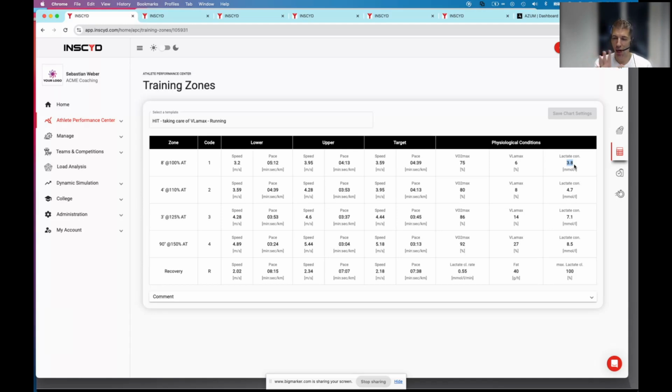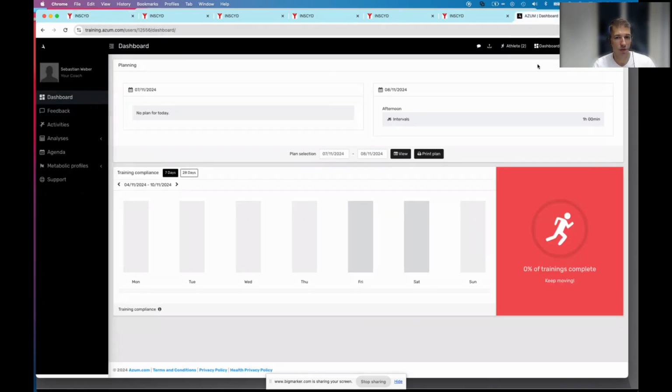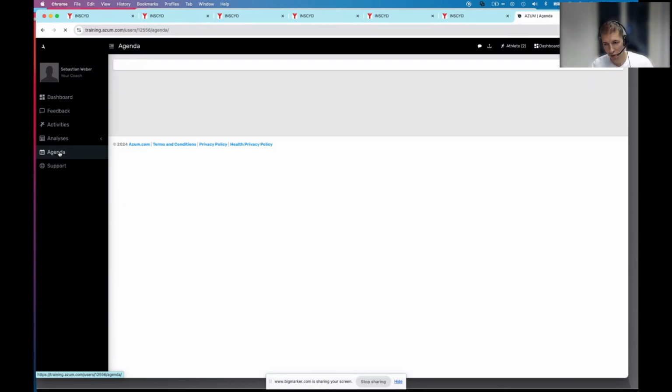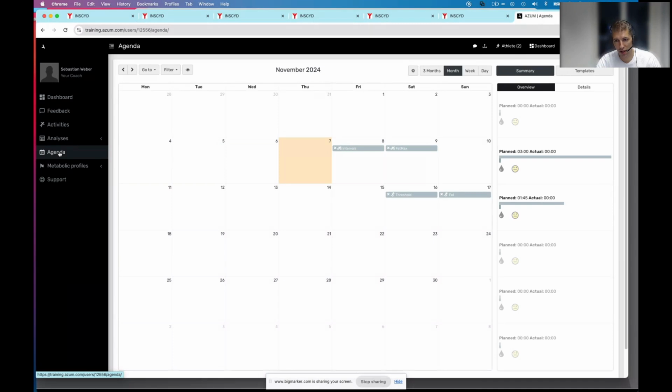Okay, so how do we put this together and maybe even take it a step further into a training program? With that, I'm switching to the Zoom platform, where I started the dashboard and I already created some examples here in the agenda. And with that, I'm going to come to Ragnar's and Ted's question: how much time you should spend?